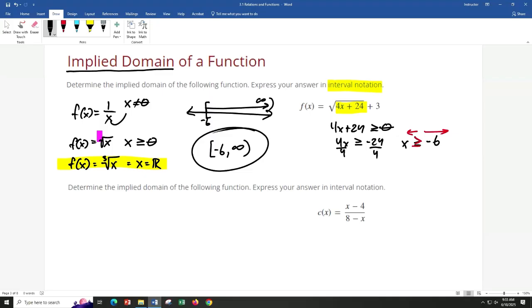Every single one of you to get in this class has had to graph these. So your graph for this one would have looked like this. You have a y, you have an x, here's the -6. Can't have anything over here because there's nothing there. There's no function there to graph to.